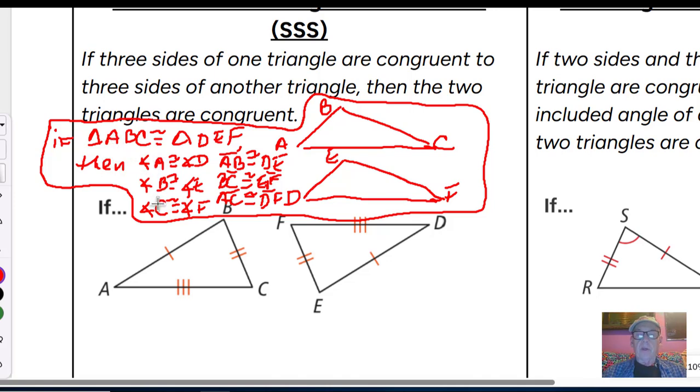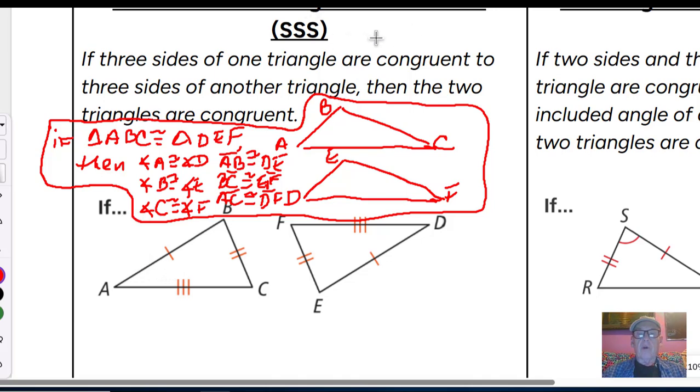If not, the congruence statement is incorrect. A goes with D, B goes with E, C goes with F, segment AB goes with segment DE, segment BC goes with segment EF, and segment AC goes with segment DF. So the order really matters when you're naming a congruence statement.